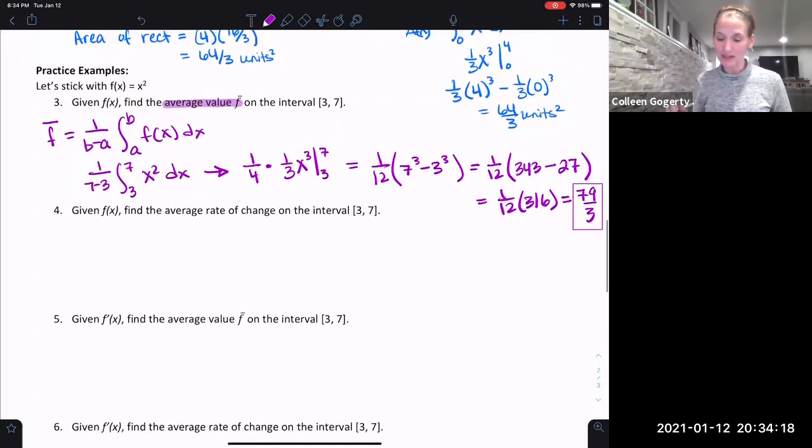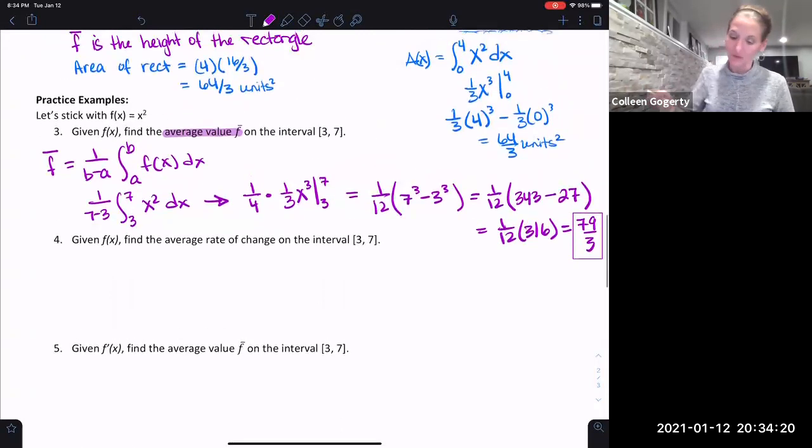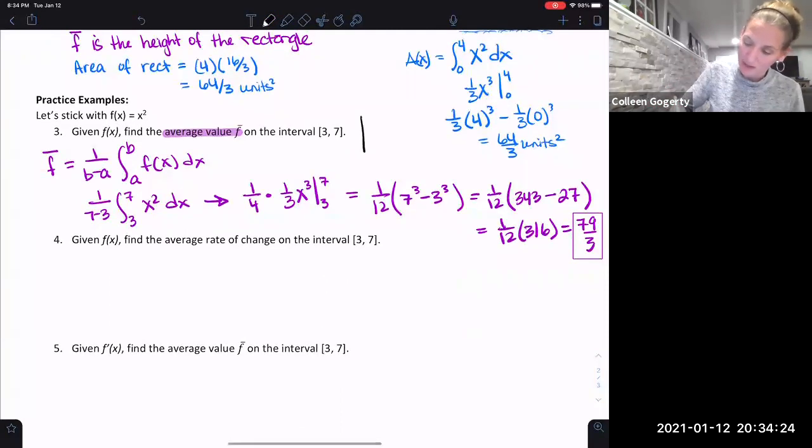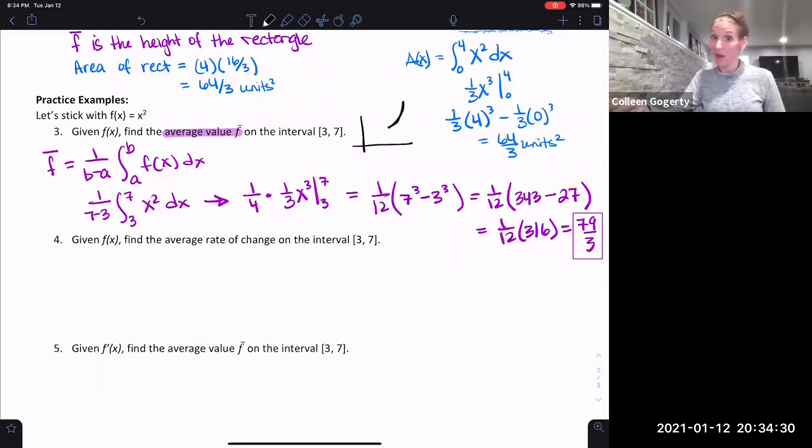So if I was looking now at my picture, if I had just a geometric look at it really quick, 3 to 7 means I'm out here and I probably have pretty steep outputs, right? 7 squared gives me a 49. So I'm going from 9 to 49. So 79/3, if I wanted to approximate this, it's like 26-ish, somewhere around there.